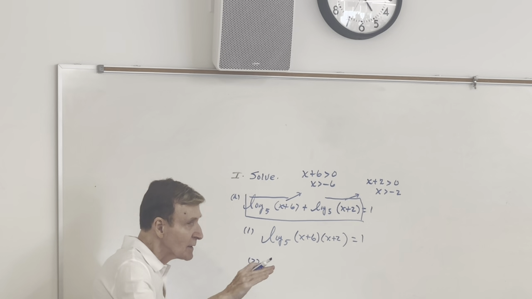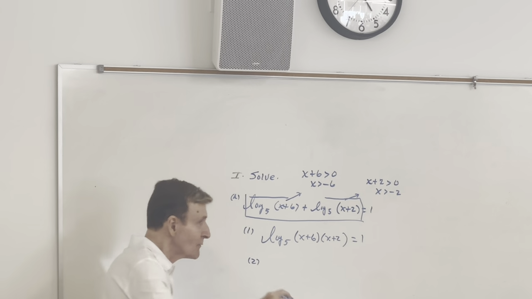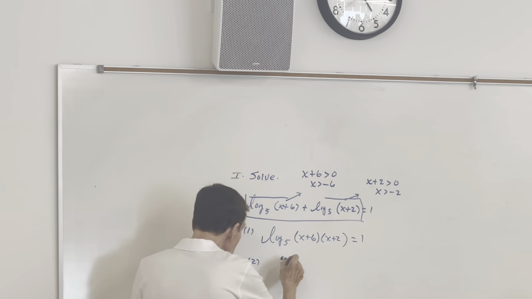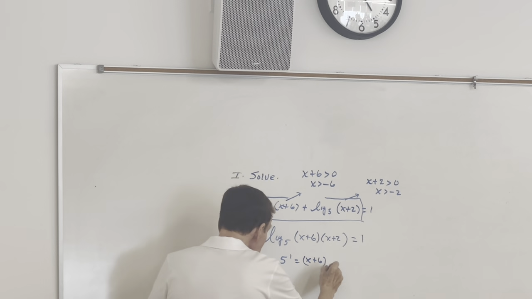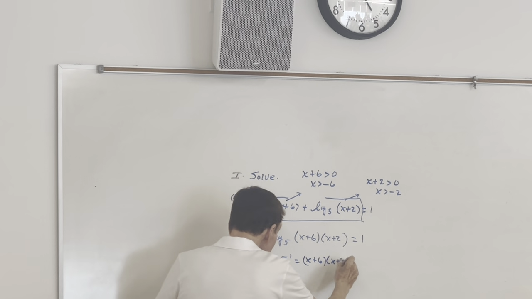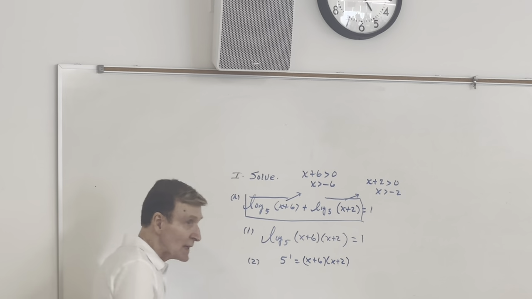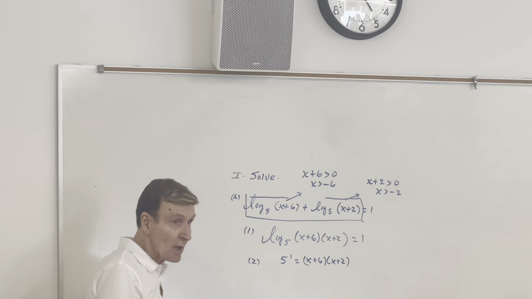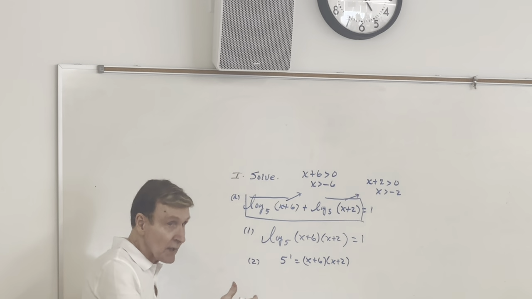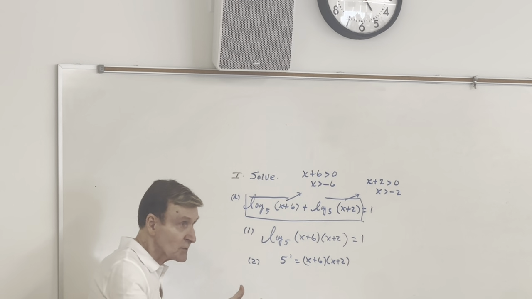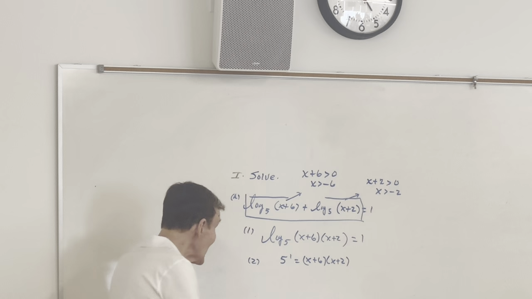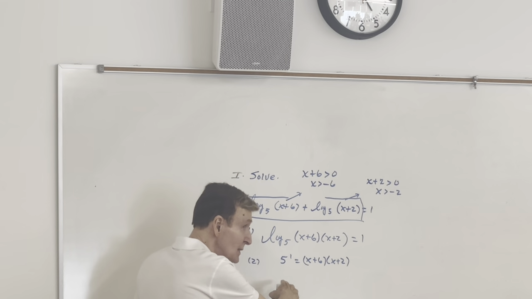So again, 5 raised to the 1 equals x plus 6 times x plus 2. Now, those of us who are sitting there and say, oh, he's dropped the log, no, I didn't. Zavia told us what it means. That's why the log is dropped. She told me what it means. That's what it means. Now, this is a middle school problem.